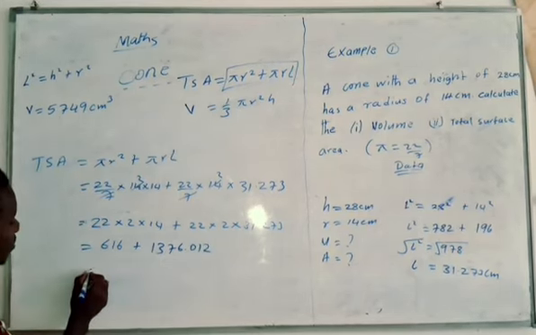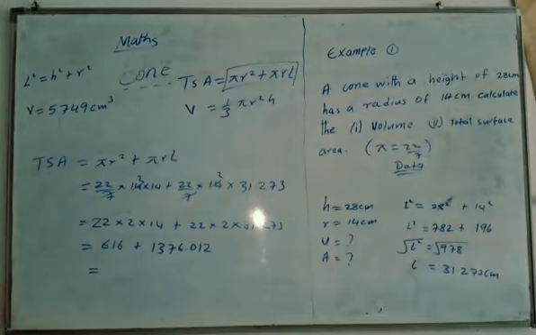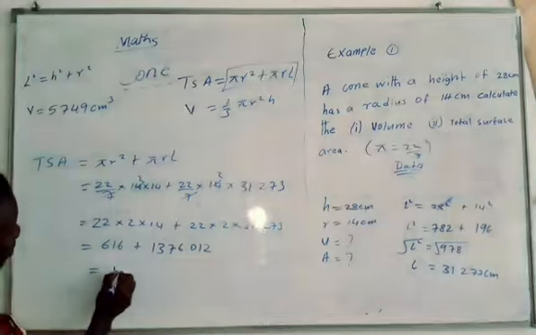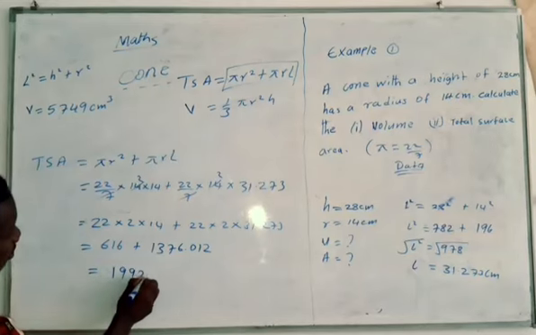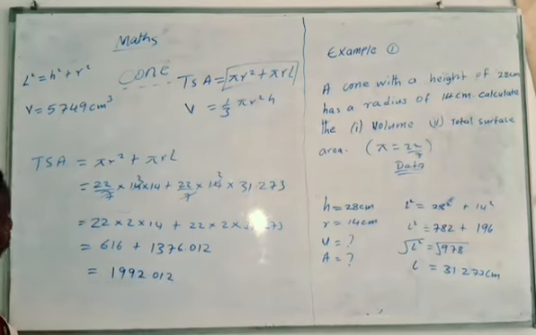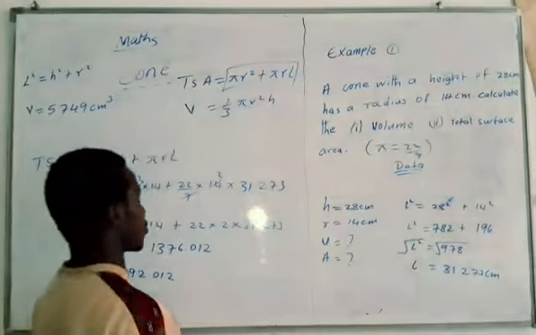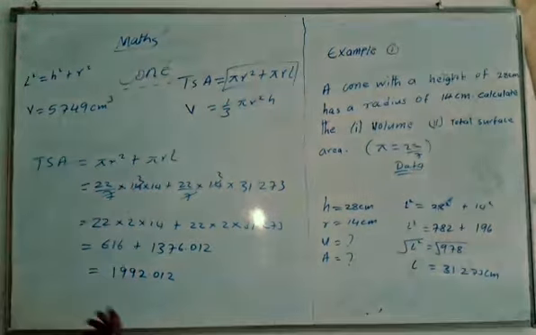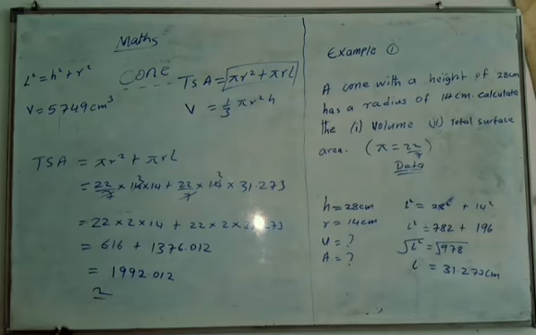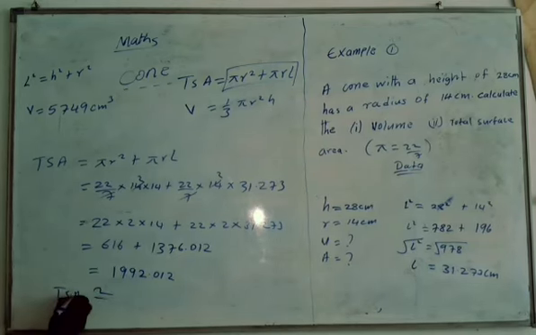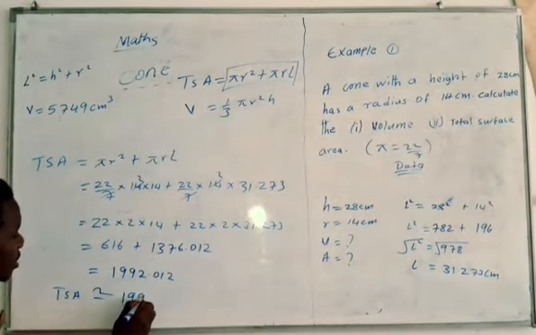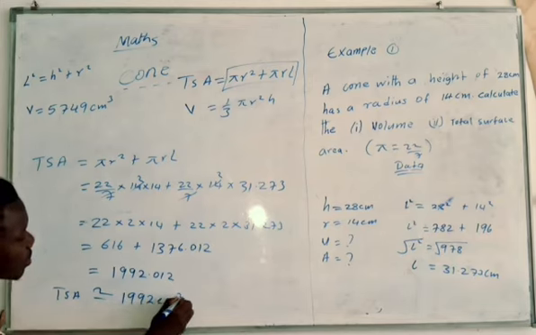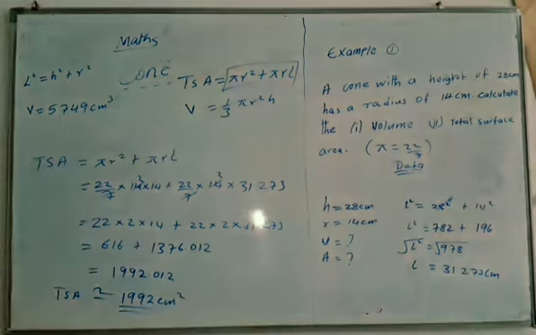Now if we add it, that will give us a total of 1992.012. Like I said, since no instruction is given, we can approximate it to a whole number. So the total surface area is 1992 centimeter square. So this is the answer.